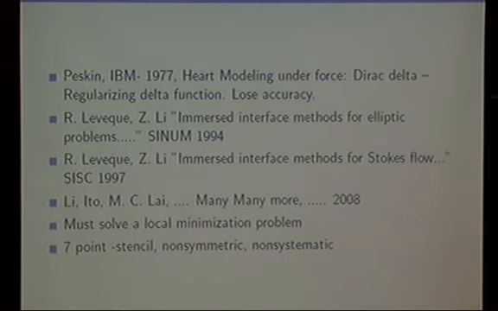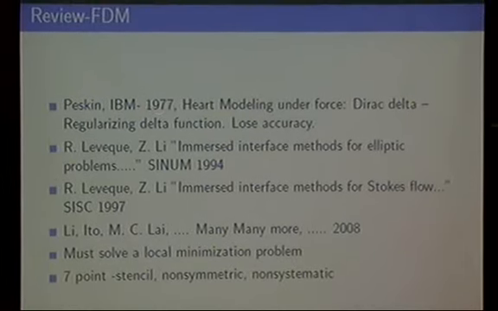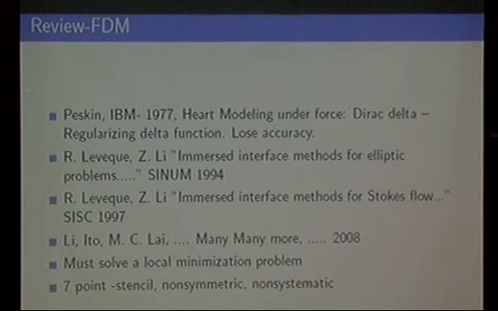I heard that Peskin was using the finite difference method to study a heart model, trying to solve the Navier-Stokes equation. Charles Peskin is not a numerical analyst, so he didn't know much about numerical methods. But anyway, he and his student tried to model the movement of a heart.